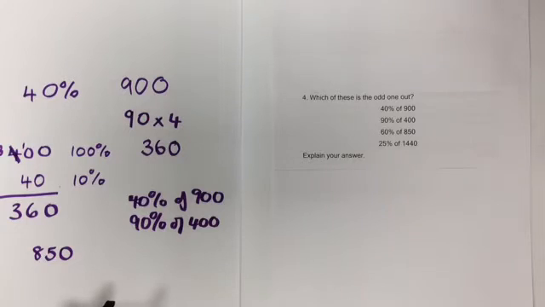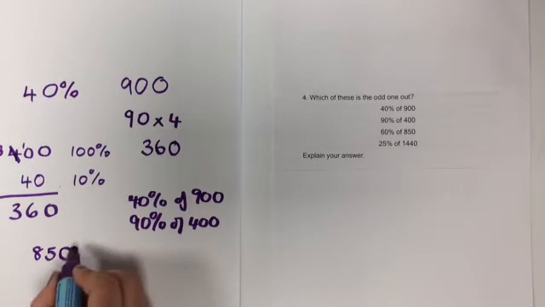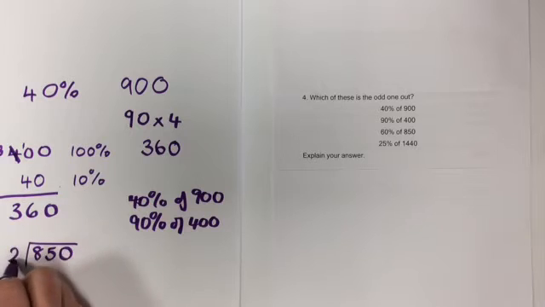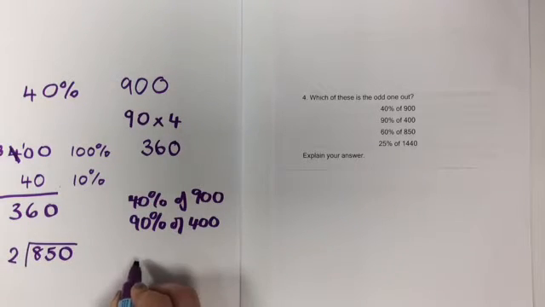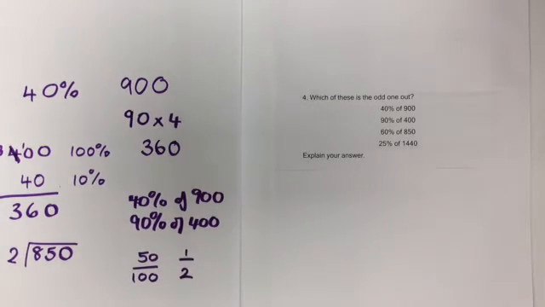Now, can you see what 50% is going to be? What would we need to do to find 50%? You're right, 50% would be half that number, wouldn't it? So 850 divided by 2 would give us 50%, because 50 out of 100 is the same as half.